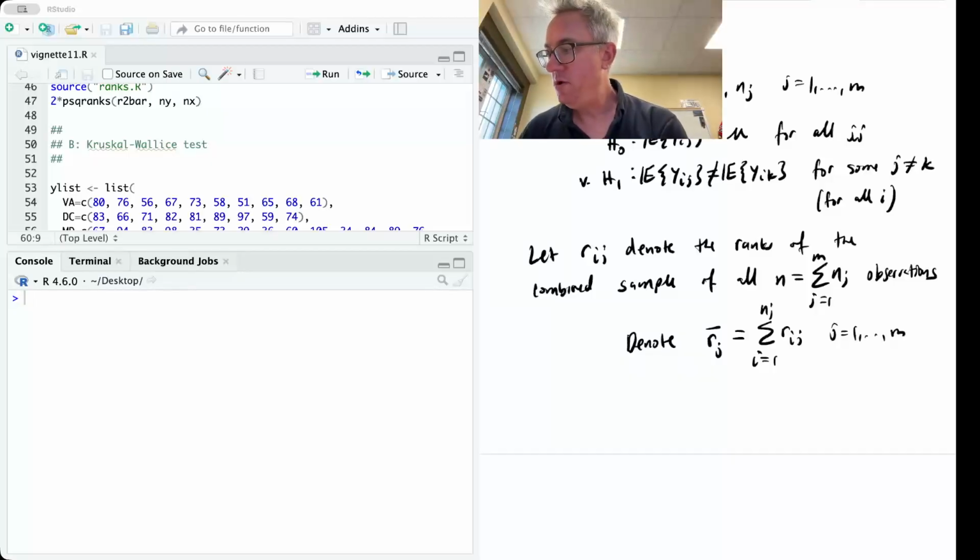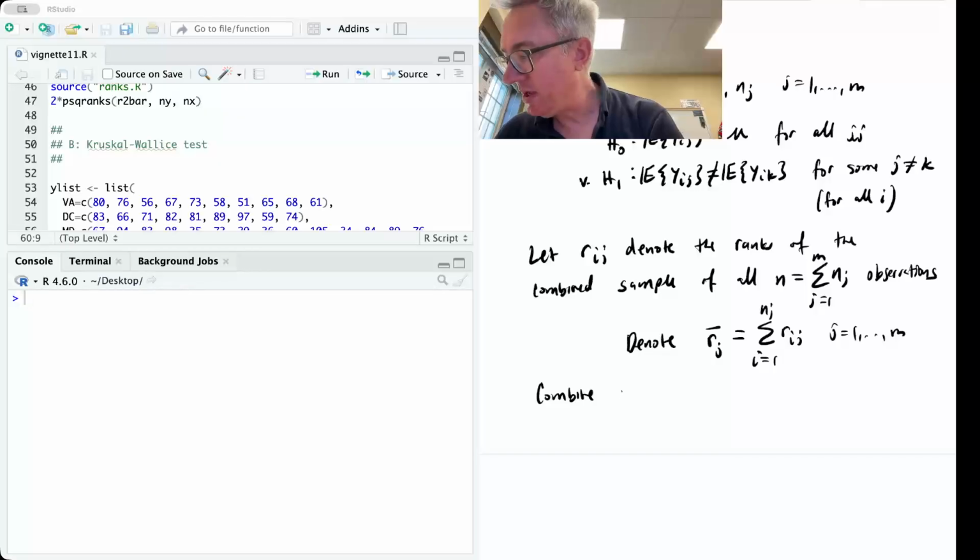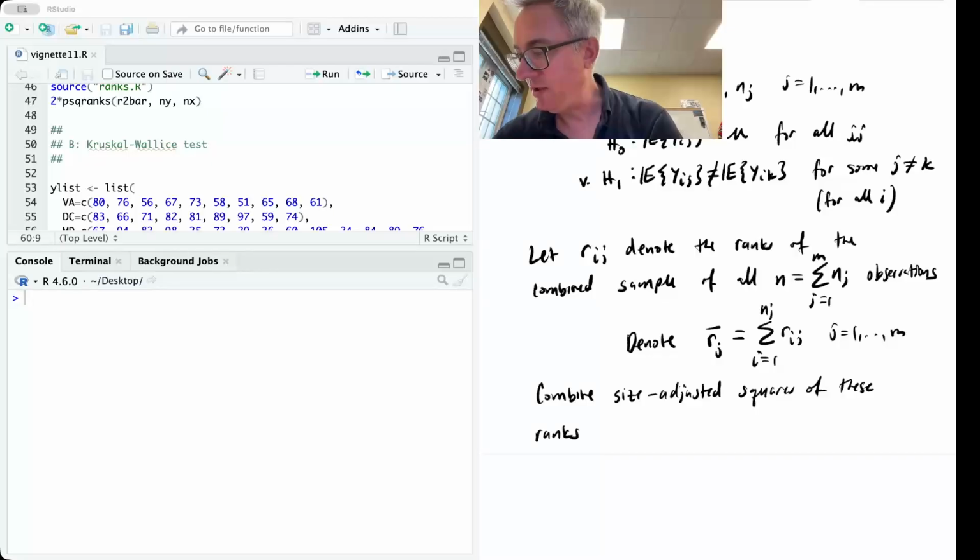Okay, so we're getting the aggregates of the individual ranks in each group, and then combine these size adjusted squares of these rank aggregates.